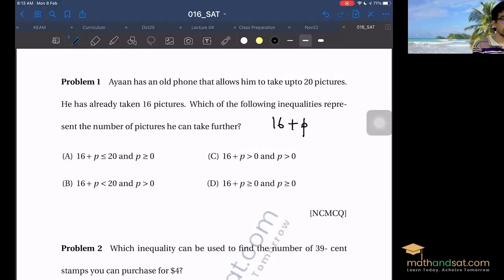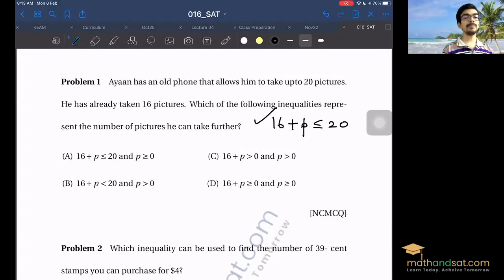So 16 plus P has to be less than or equal to 20. This is one condition. This will give the maximum value of P. So without doing any math, you can say that he can take a maximum of 4 more photos.